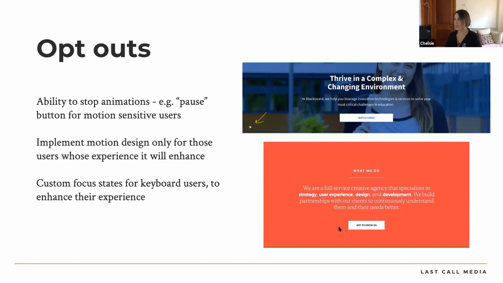So I think it's really important to thoughtfully design your focus states and make sure that A, they show up, B, they are pretty obvious, and C, that you don't remove them. It used to be really common for people to just remove them because they looked kind of ugly, the default blue glow. And it's not cool to do that anymore. I think most people probably know that by now, but I just felt it was worth mentioning. So designing it intentionally is a good thing to do.